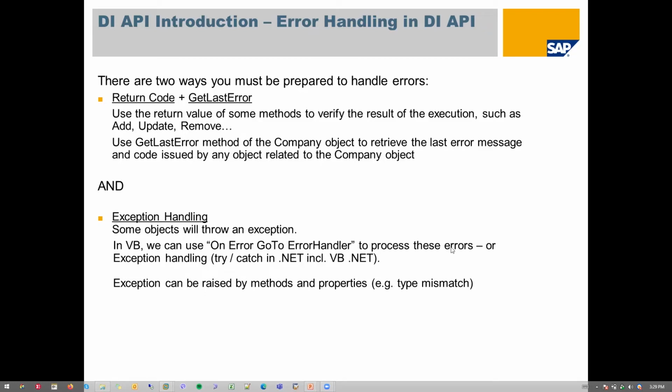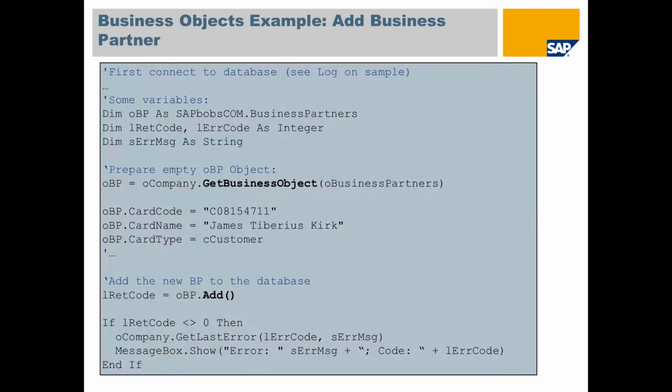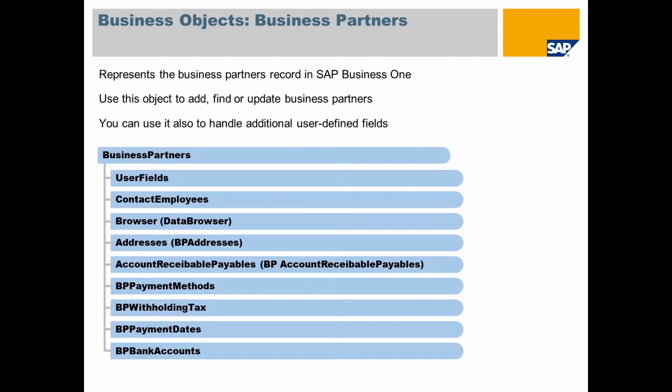Next, we will discuss business objects. So a business object represents an object inside the SAP Business One database. In this example, we will look into the business partner as an example of the business objects.